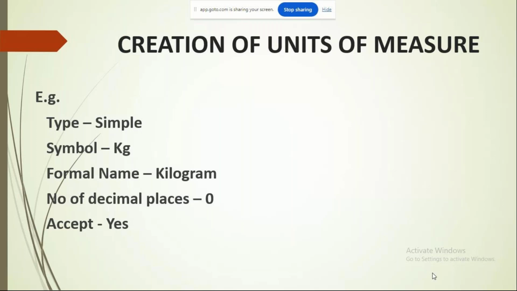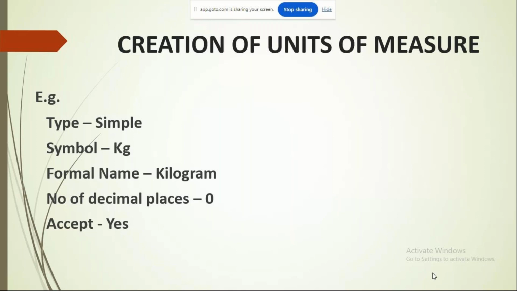So, suppose I'm creating for kgs, it will be type simple. Symbol is kg, and formal name is kilogram, in detail. I have given the abbreviation. And what is this number of decimal places? We have given it as zero. Suppose, for example, it is 45.96. So we round it off, right?